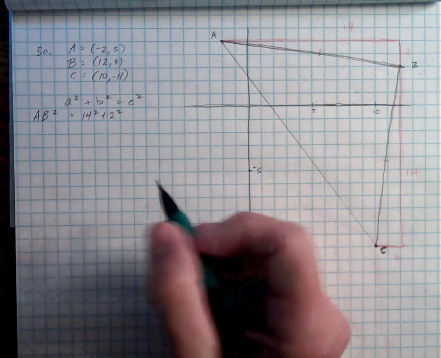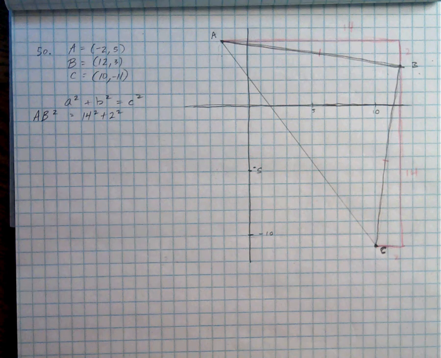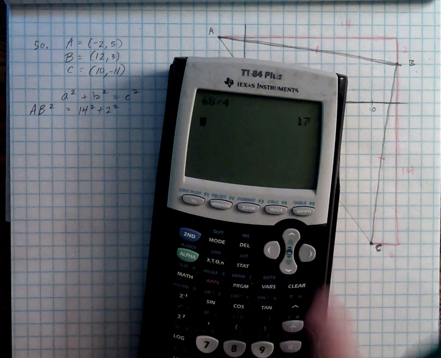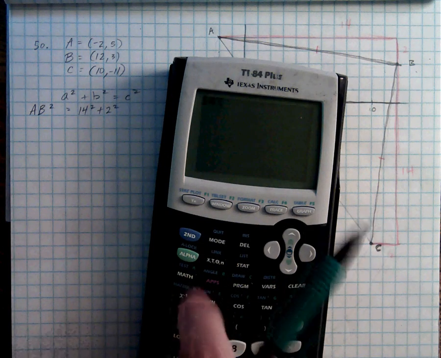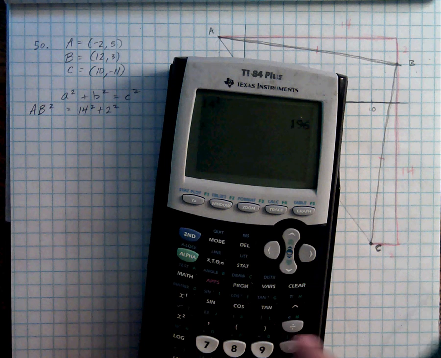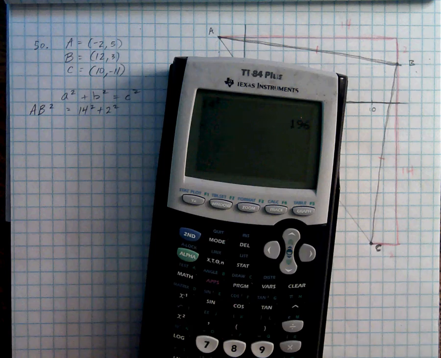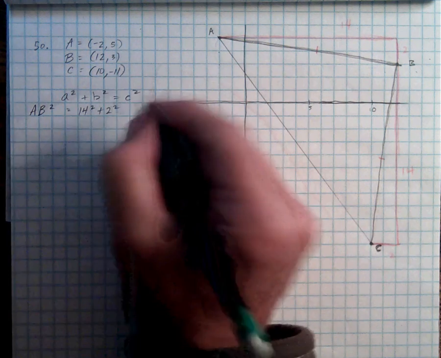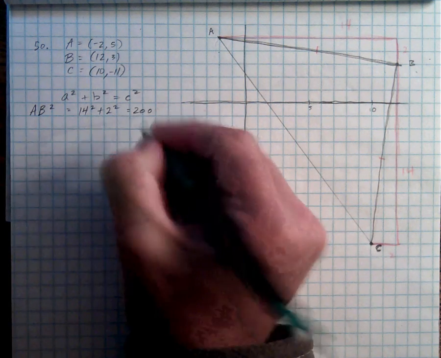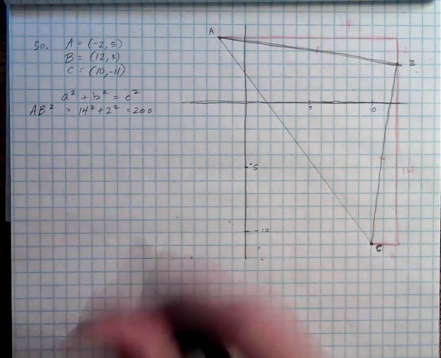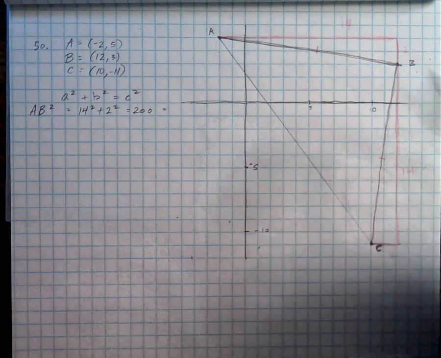I think 14 squared is 196. Let's better make sure. 14 squared, 196 plus 4, right? Because 2 squared is 4, so that's 200. So that's 200. And then that's also going to equal BC squared, isn't it?